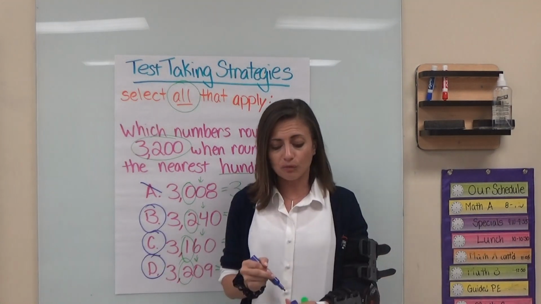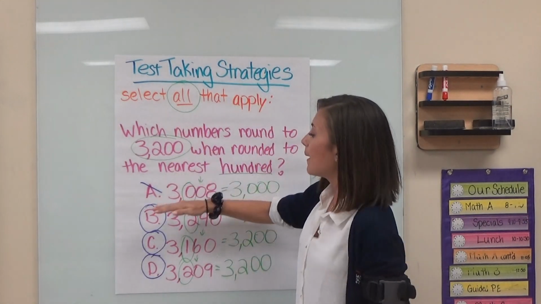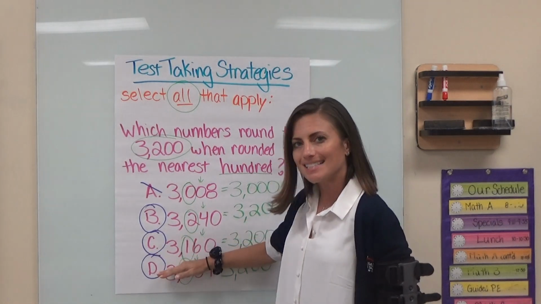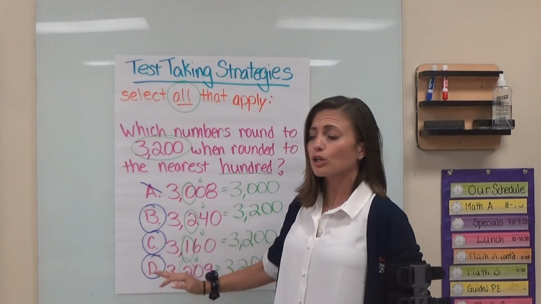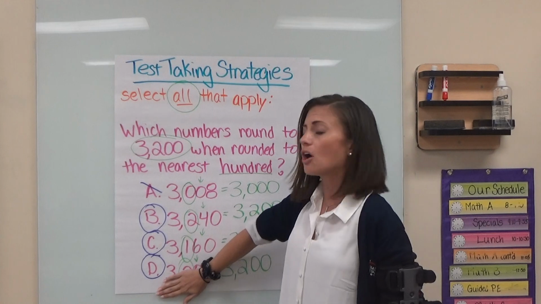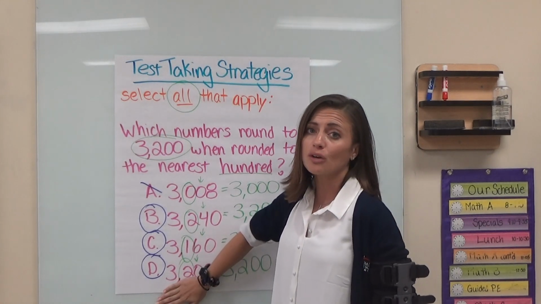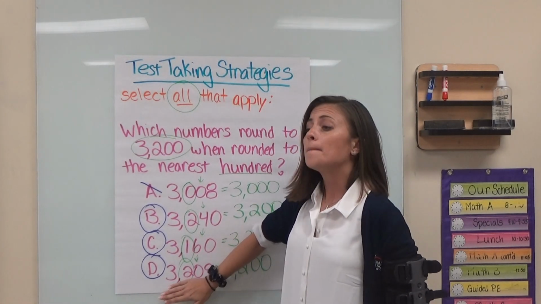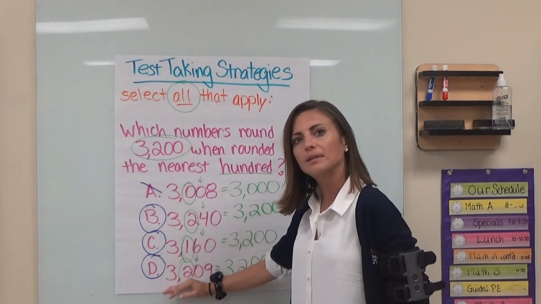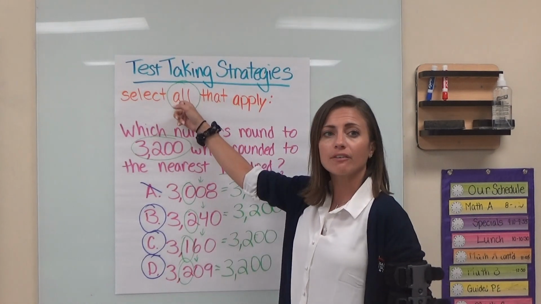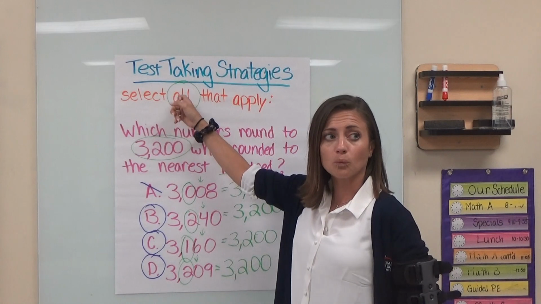So my answers for this kind of question would be B, C, and D. If I only were to circle B and C, but I left off D, I would get this incorrect on my test. It would get marked wrong because I didn't choose all that apply. So please watch out for that very key, important word.